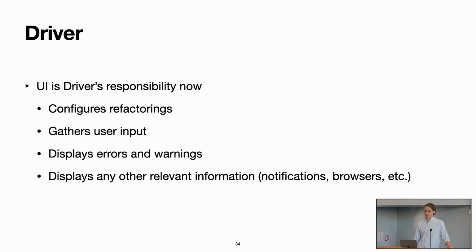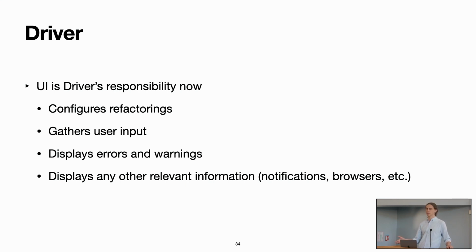Okay, so these are drivers and possibilities. The two ones that I haven't mentioned yet are displaying errors and warnings. This is something that we are still working on. We have a few implementations. We try to figure out which one is the best, and also display any other relevant information.